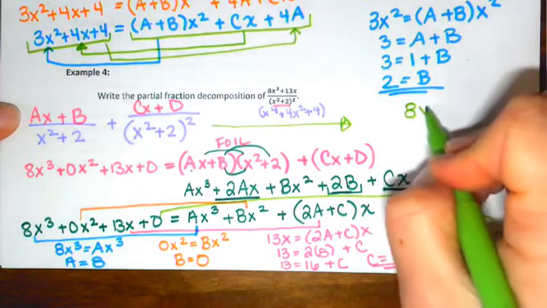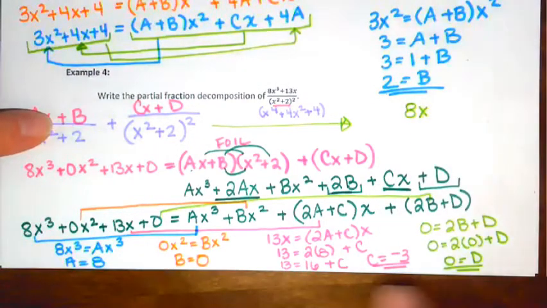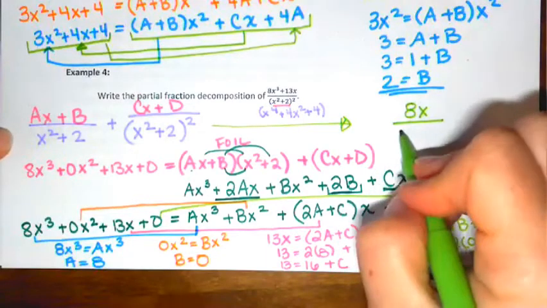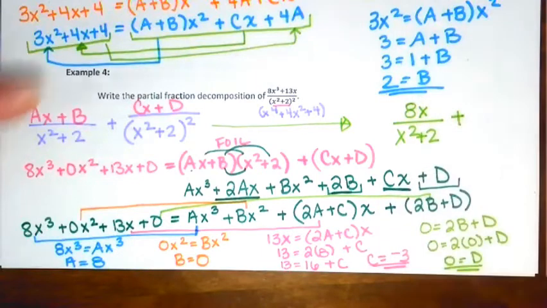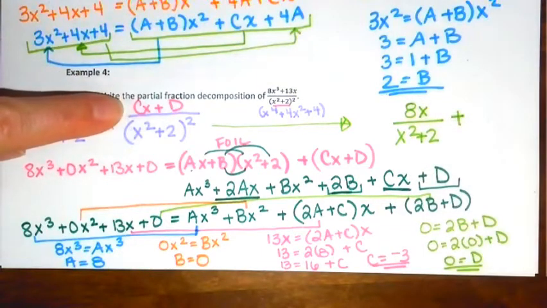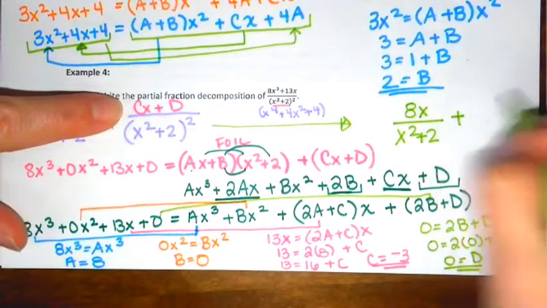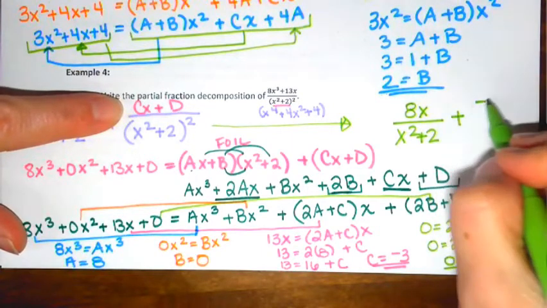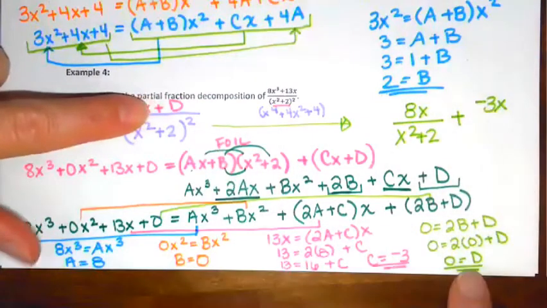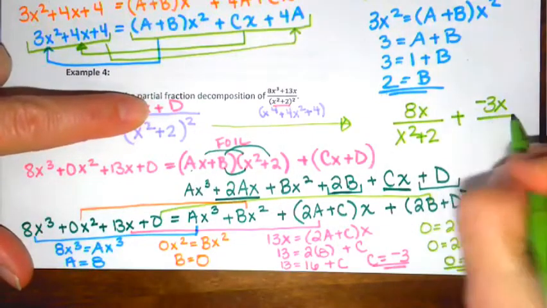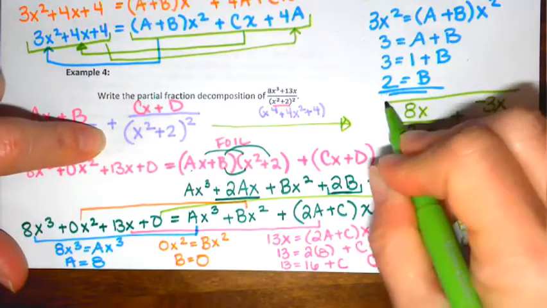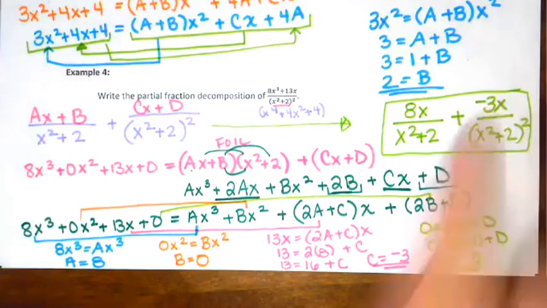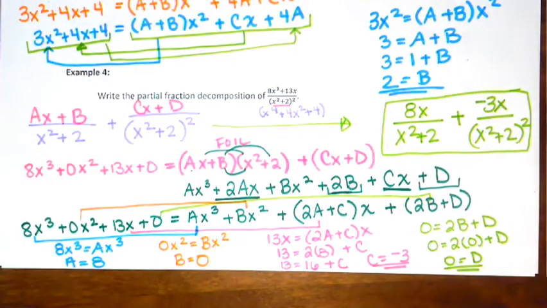So 8x plus, what's my b? 0. So do I need to have the plus 0? No. So I'll have x squared plus 2 plus, what's my c? -3. Yeah, so -3x plus d, but my d is 0. So do I need that? No. And then we have x squared plus 2 squared. And again, you could have minus instead of plus and negative. And there you go.